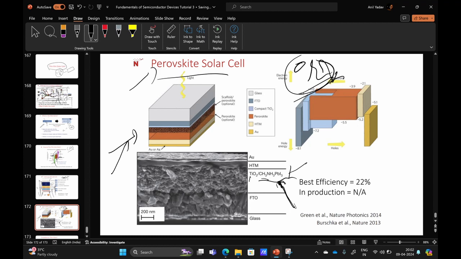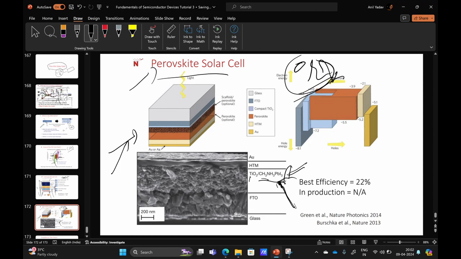Only a very thin layer, around 200 nanometers, is required to absorb the light, not even microns. And above that, the best part is the deposition technique.